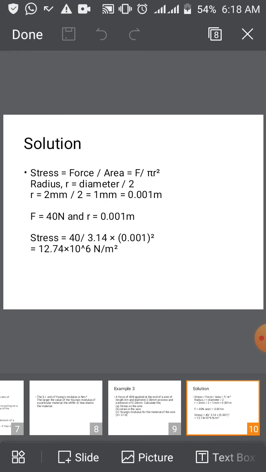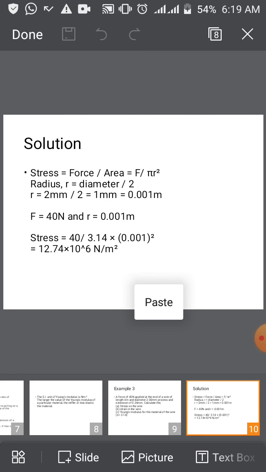Solution. Stress is equal to force divided by area, which is equal to F divided by pi r squared. Here we're using pi r squared because the wire's cross-sectional area is circular.